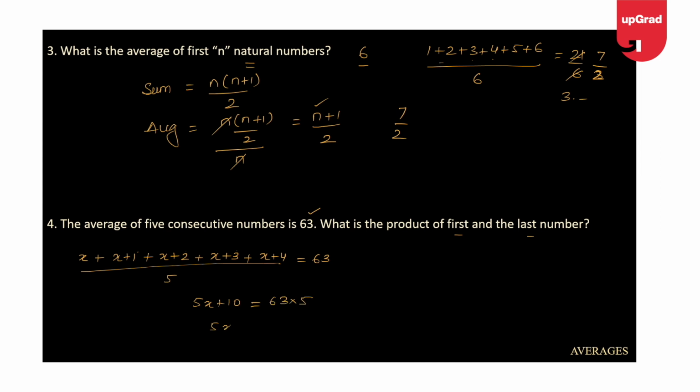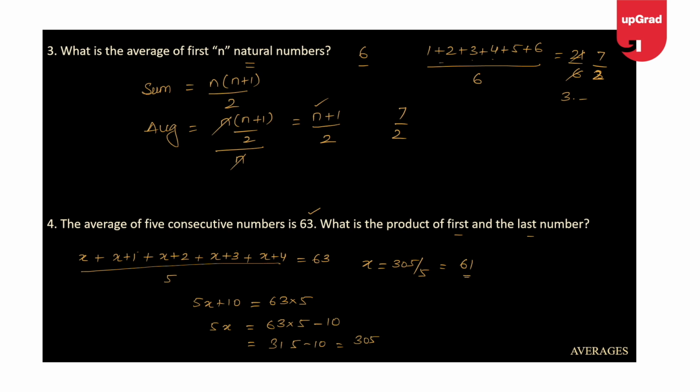Upon cross multiplication, this becomes 63 multiplied by 5. So I get 5x is equal to 63 multiplied by 5 minus 10, which is going to be 5 threes are 15, 5 sixes are 30, 31 minus 10. I'm trying to take as much time as I can because that's what you do. So x is equal to nothing but 305 divided by 5, which is going to give me 61 as my first value.